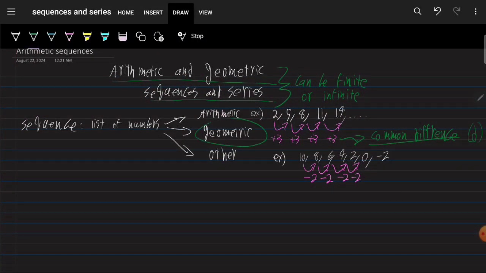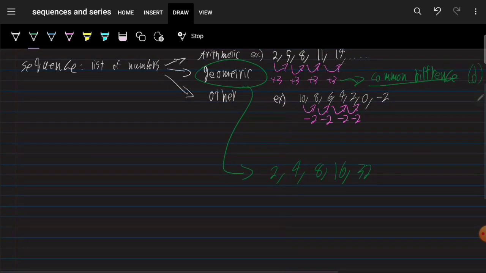Geometric sequences we'll talk about later in 2 or 3 videos, but essentially geometric sequences are lists of numbers where in order to get to the next number, you multiply or divide by a specific number.